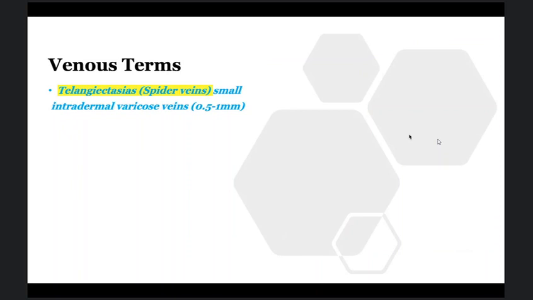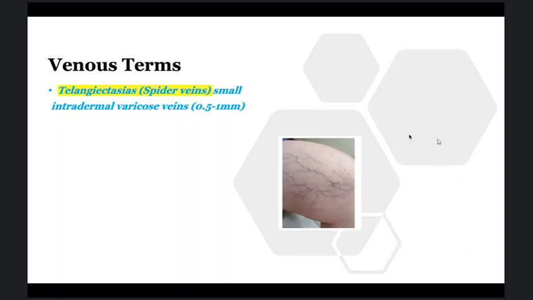Now, we have many venous terms. Probably many of you will be asked about them. You may hear about spider veins or telangiectasia.